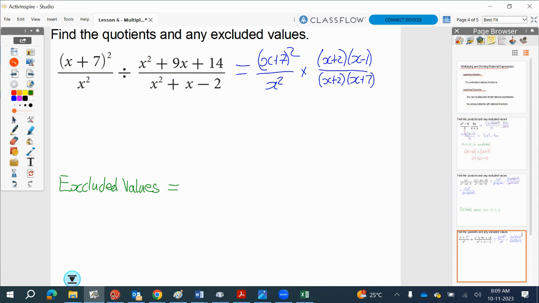Once we do the keep change flip, we introduce the excluded value -7. So excluded values are x equals -7, -2 and +1.